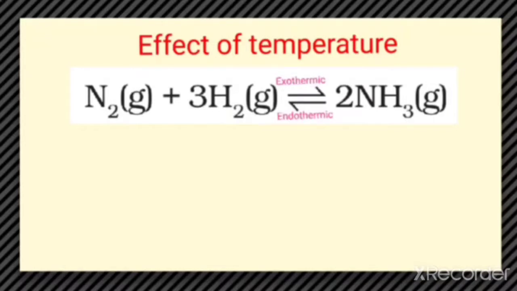That means formation of ammonia is exothermic, but the decomposition of ammonia is endothermic. Exothermic is the process in which energy is released, and endothermic is when energy is absorbed.